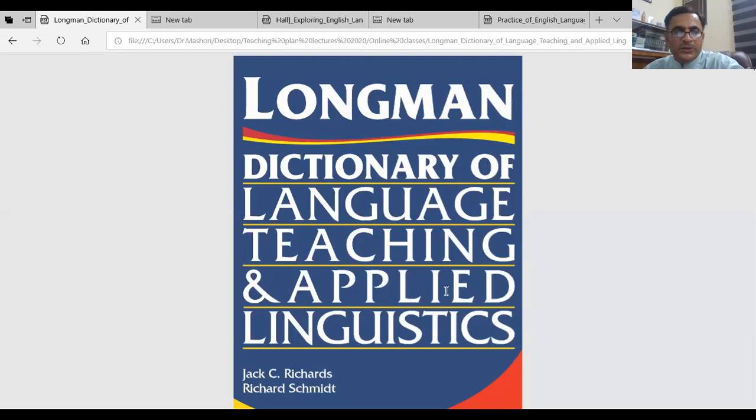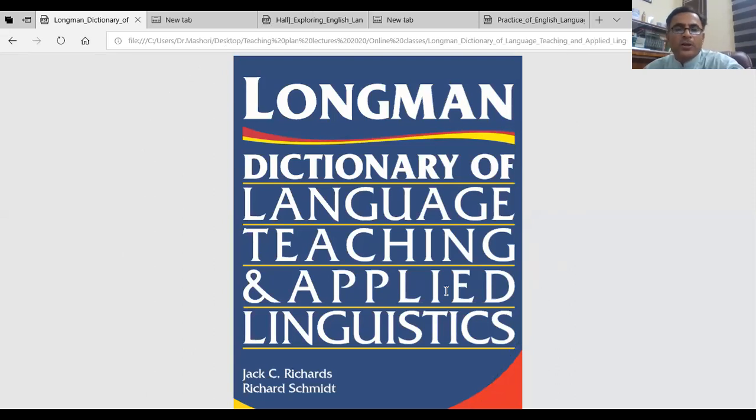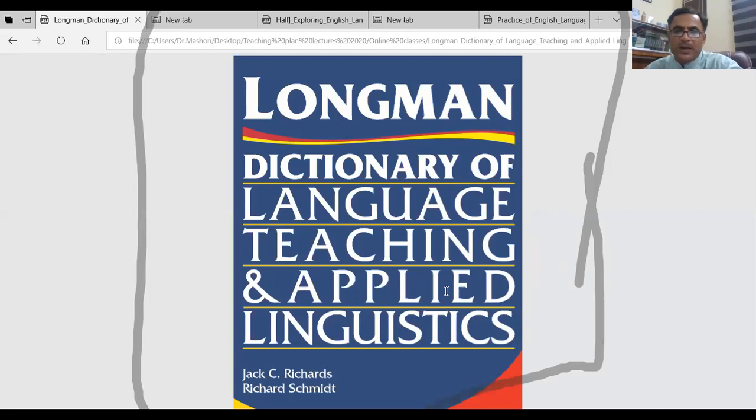Now, this book by Jack Richards and Schmidt, this is the most valid, the most authenticated book I have seen in my own career. A wonderful book that provides you the best definitions, brief and simple and clear explanation of various concepts in applied linguistics and English language teaching world.